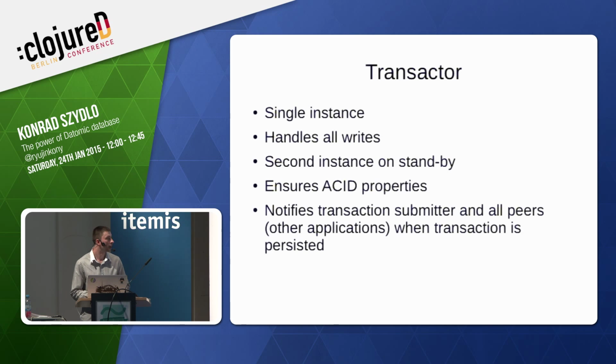Transactor is ACID compliant, and whenever your transaction is committed, a message is sent to the transaction submitter and all the other applications connected to Transactor that your transaction was finished. In Datomic, all applications connected to Transactor are called peers because they're equal, and all of them can connect and communicate with a Transactor.